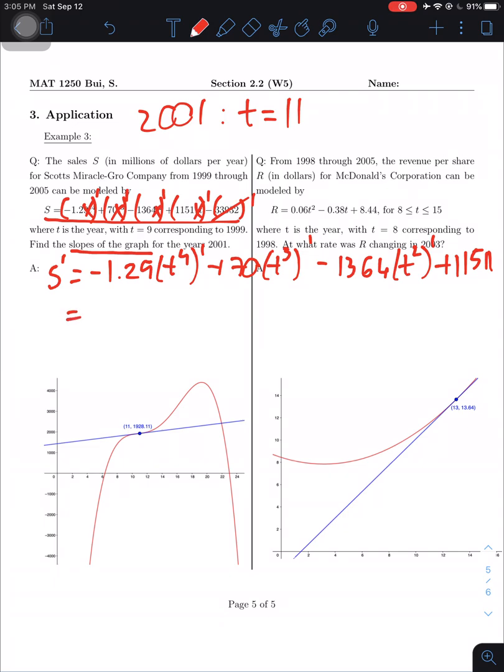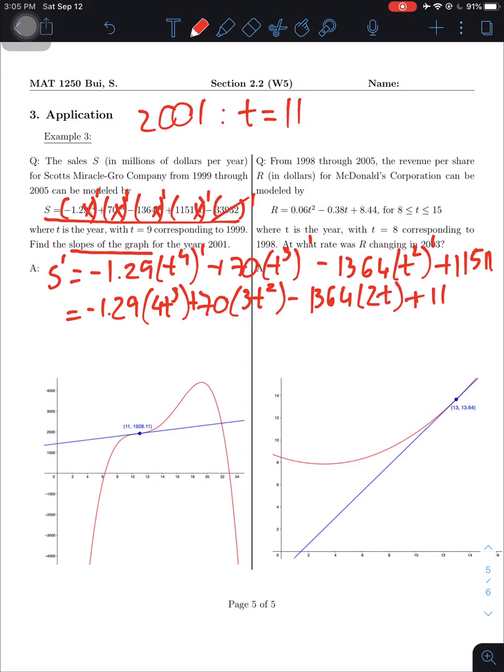Okay, this one I'm going to do really quick. So the number is there, and then the derivative of this one is 4t cubed. And then the number in here is 7, the derivative in here is 3t squared. And then 1364, derivative of this one would be 2t. And then the last one, I already took the derivative of it, so it's just going to be a number like this.